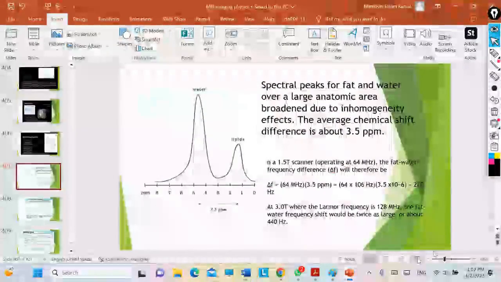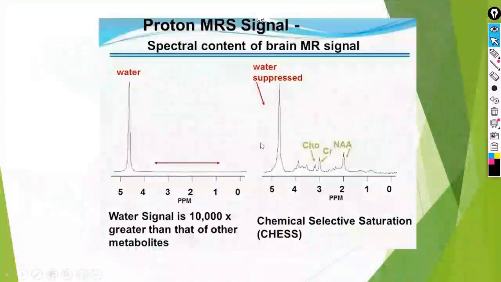So this means 3.5 parts per million. The same thing as I said, I want to eliminate the water signal completely. Once I remove the water, I will have alanine, creatinine, and choline, which are the compounds I am working on.